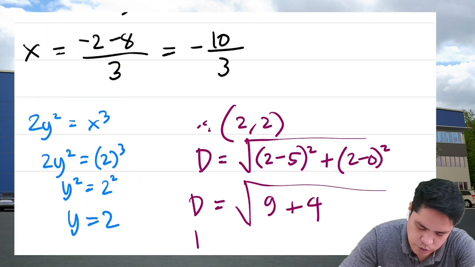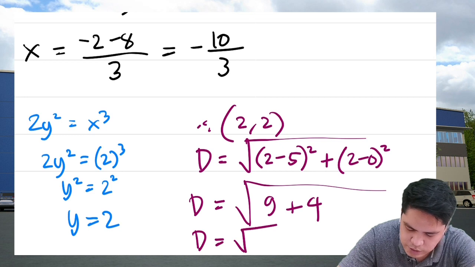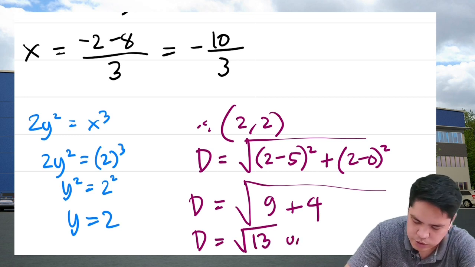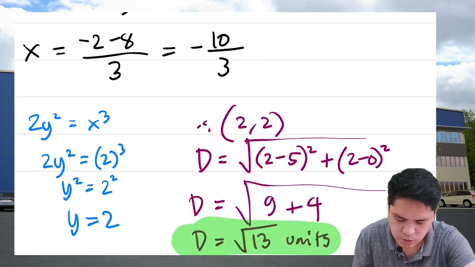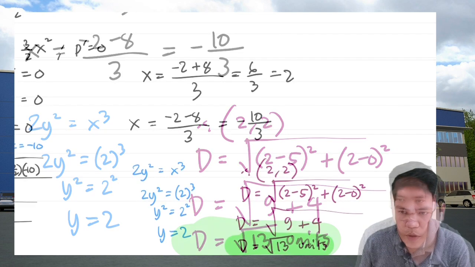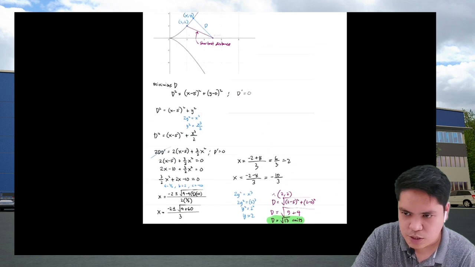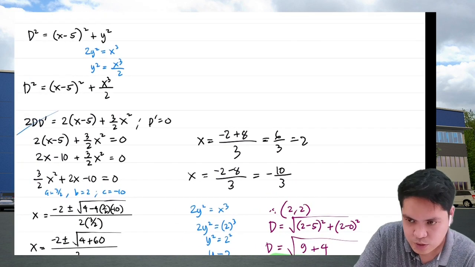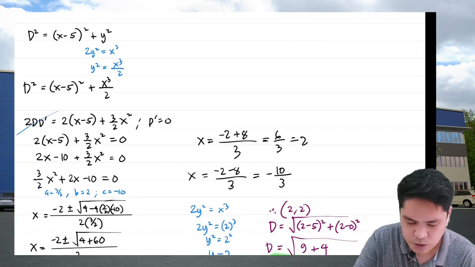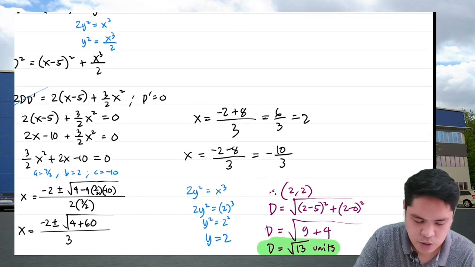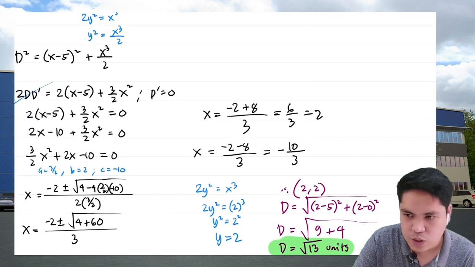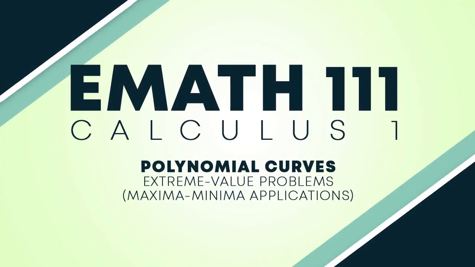Therefore, the shortest distance is square root of 13 units. So this is our answer: square root of 13 units. I think 5 examples is enough for this video. We'll solve more problems involving maxima and minima, or applications of maxima and minima, during our classes. So see you in the next video.